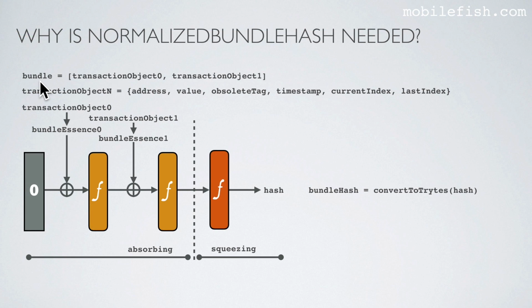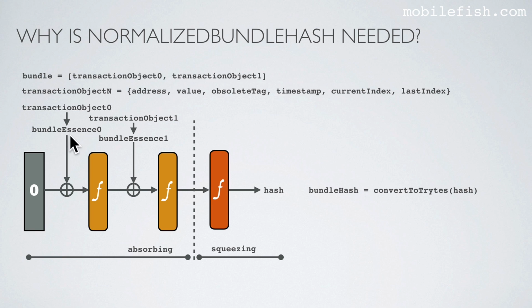Why? In this example, our transaction bundle consists of two transaction objects. Each transaction object has an address, value, obsolete tag, timestamp, current index, and last index. Eve made changes to the first transaction object. Because Eve has replaced the address with her own address, the first transaction object is changed, which means the corresponding bundle essence is also changed.